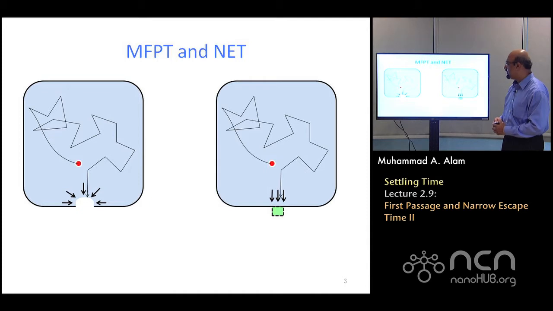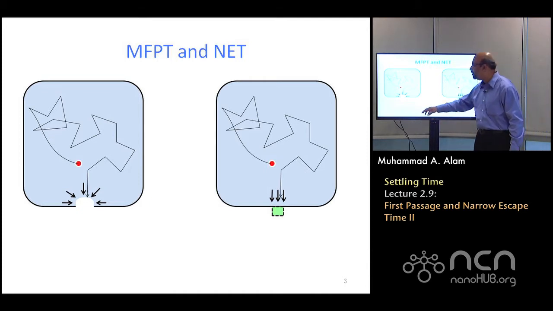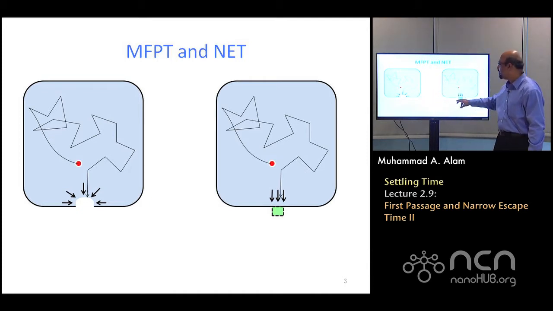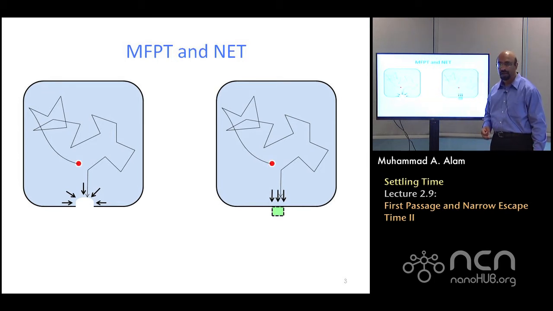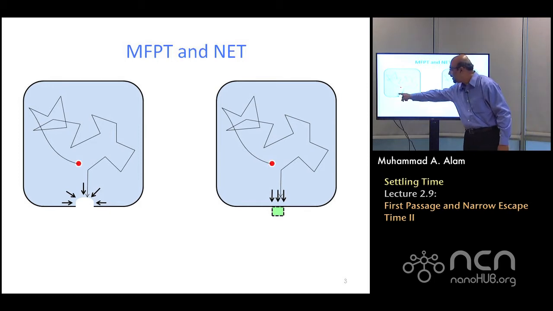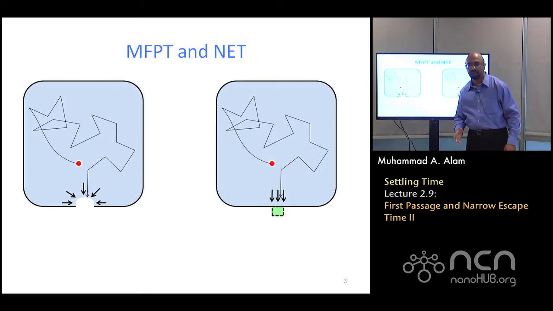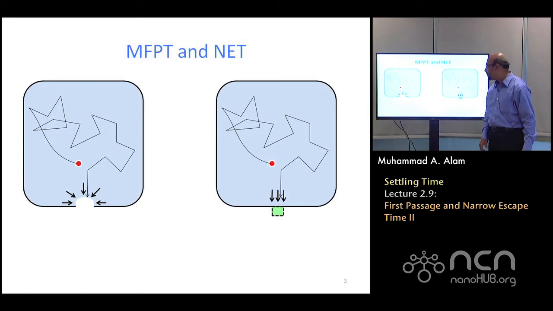And the essential distinction is this, that although in both cases you can consider them to be a door for escape, in this case the door is a little larger on a thinner membrane, and flux coming from any direction can escape, so that if it comes at an angle, it will be able to escape. Of course, if it comes vertically, it will be able to escape for sure.